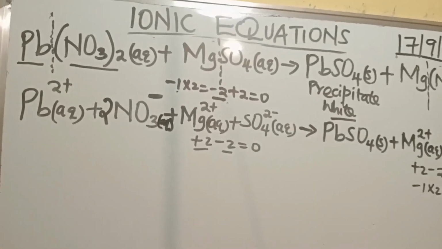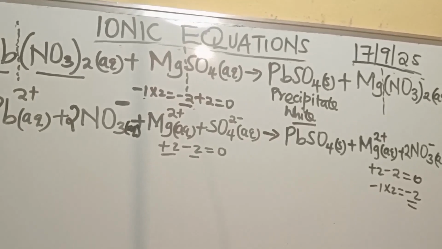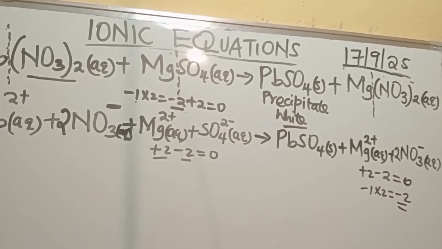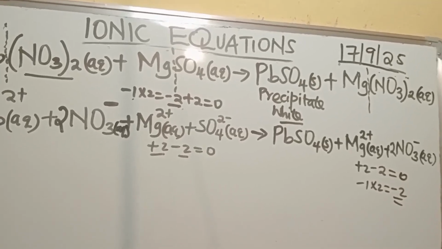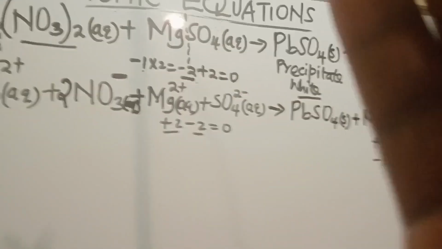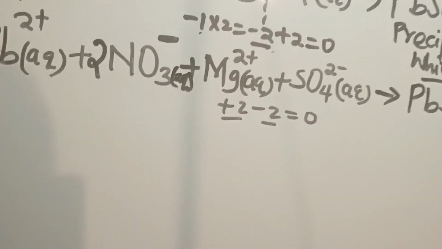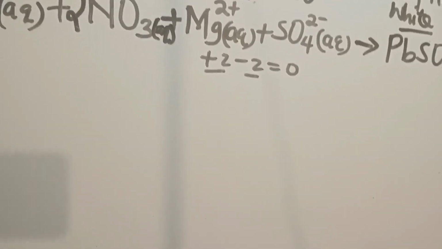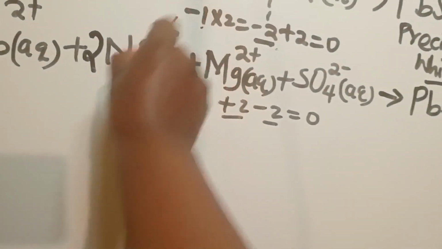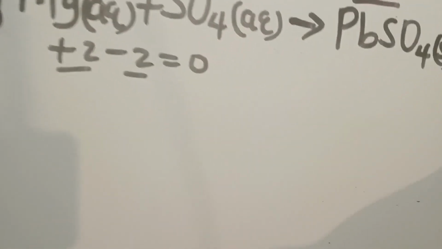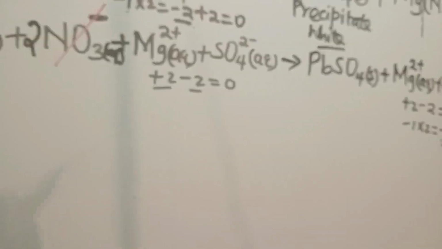So 2NO3 negative aqueous, and on the product side we have it the same way, 2NO3 negative aqueous. So that one did not take part in the chemical reaction, so we can cancel it. So you come there and cancel it. You go to the other side and also cancel it.